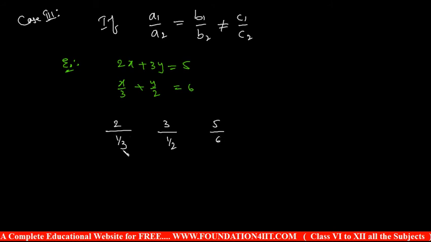So 2 by 1 by 3 is 6, equal to 3 by 1 by 2, reciprocal, is 6. So these both are equal and this is not equal to 5 by 6.